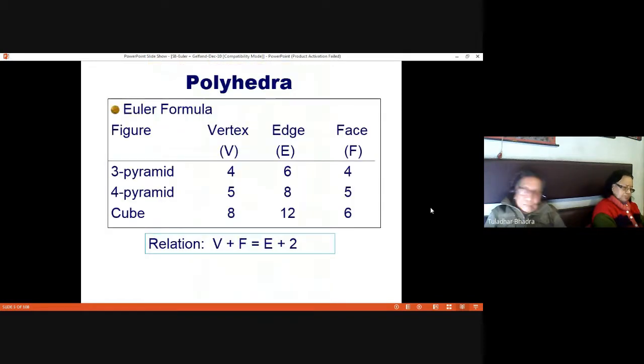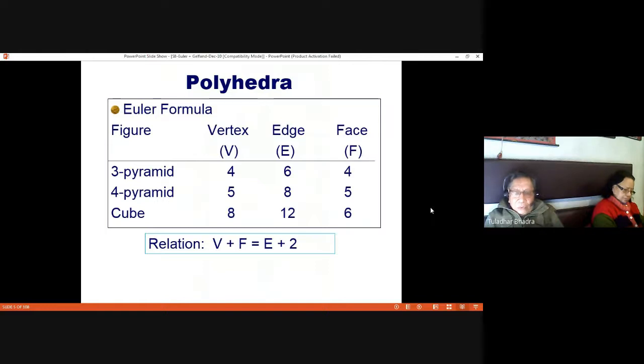So before going further to their life history, let's look at this relation, V plus F minus E equal to 2. He has written it in the other way, V plus F minus E equal to 2. So this is called Euler's formula for polyhedra.